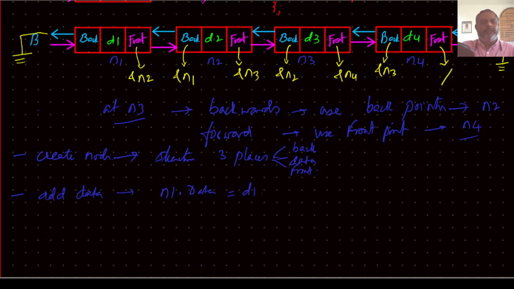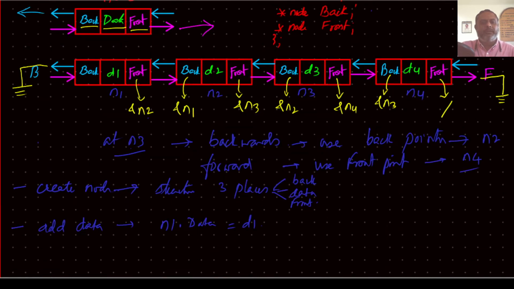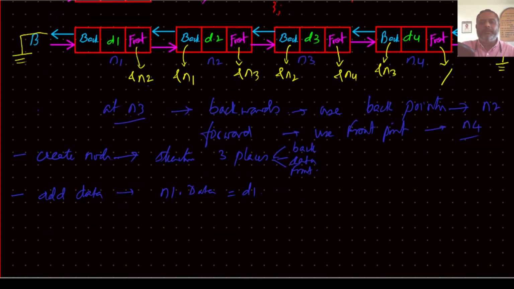That's the only node in the list, and if you call this list, then your list will be the address of n1.